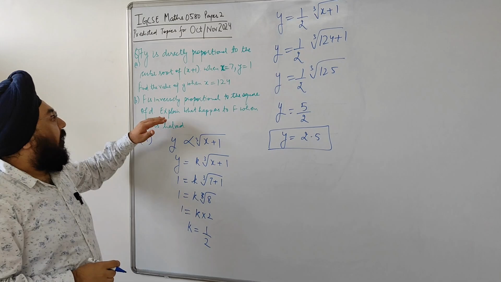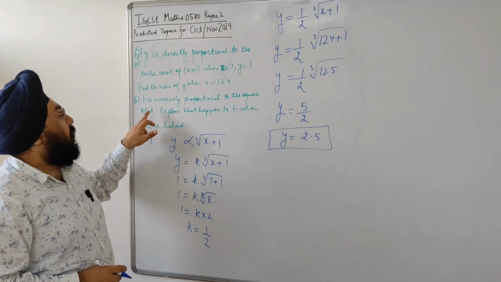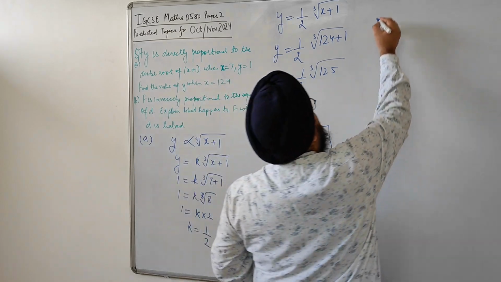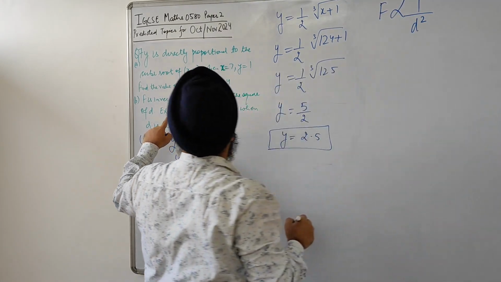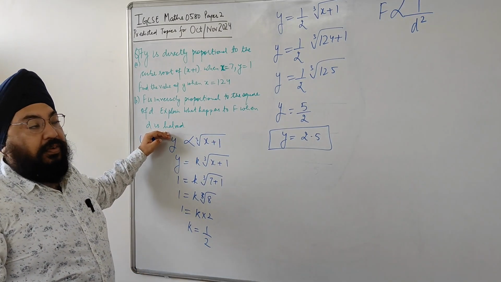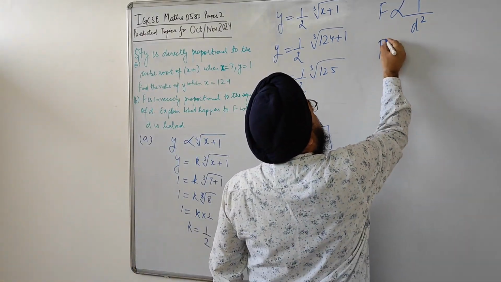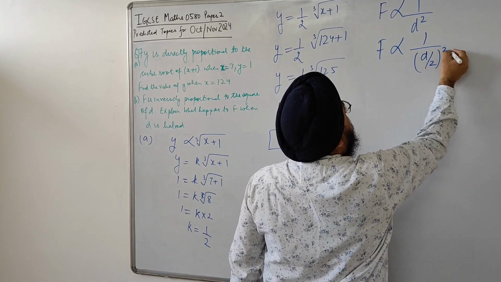Now for B part, it is given that f is inversely proportional to the square of d. Explain what happened to f when d is halved. Now we need to find when d is halved. So d will be written as d by 2 square.